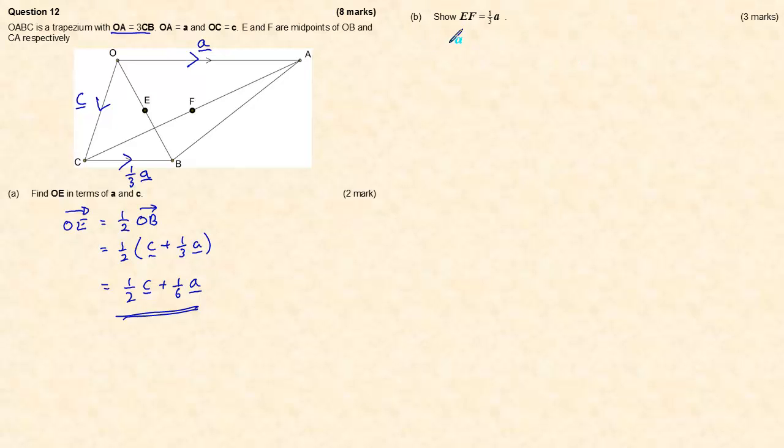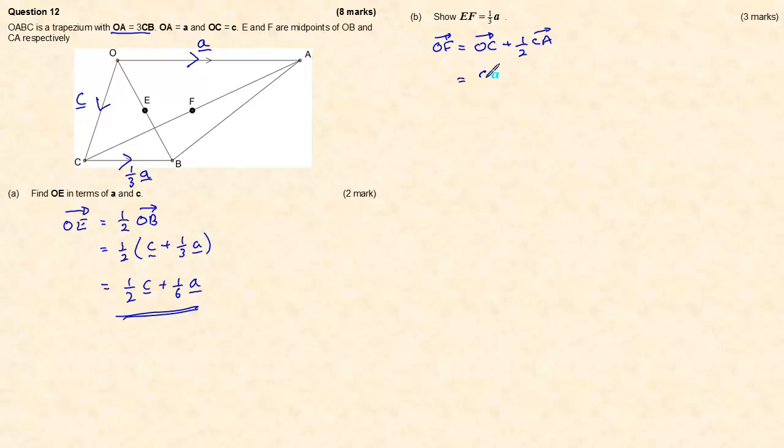We now want to show that EF is equal to 1/3 of A. Let's think first about OF. So to go from O to F, we could go from O to C, and then halfway along the diagonal, CA.